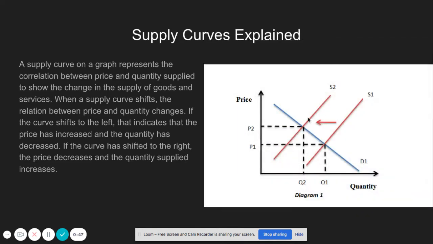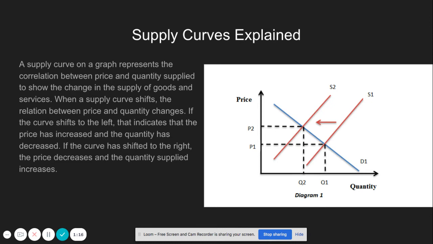On the picture on the right, the line labeled S is the supply and the D is demand. We will get to that later. As you can see, the price goes vertically and the quantity goes horizontally. When a curve shifts either left or right, that changes the correlation between the price and the quantity.